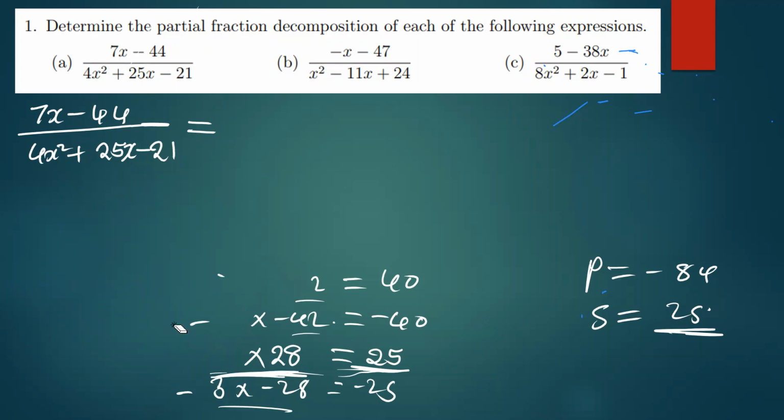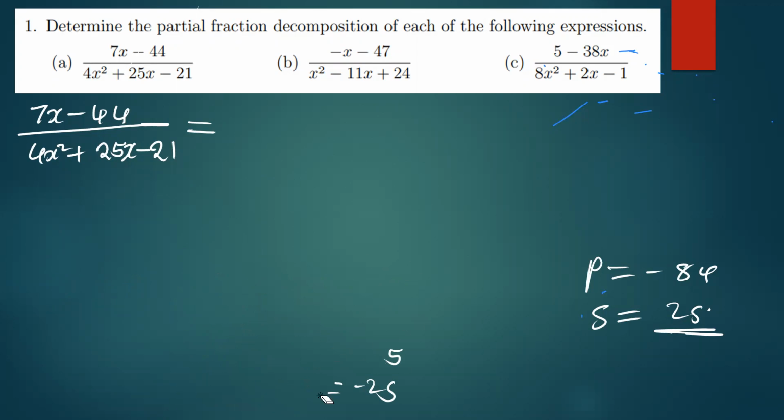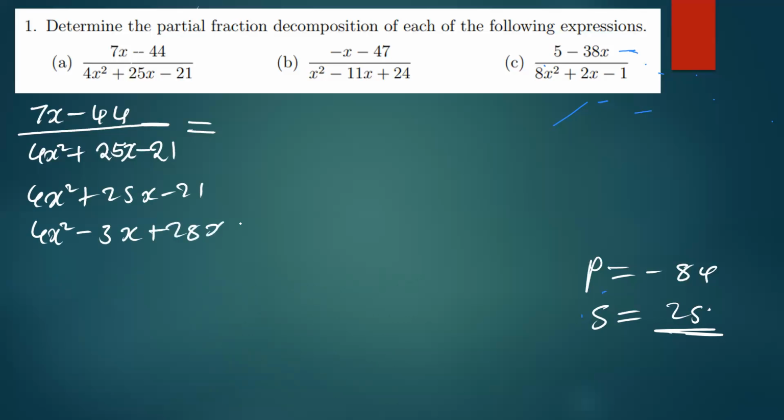So we can factorize that using the factors which we have found to be negative 3 and 28. So we have 4x squared plus 25x minus 21. And then we have 4x squared minus 3x plus 28x minus 21.